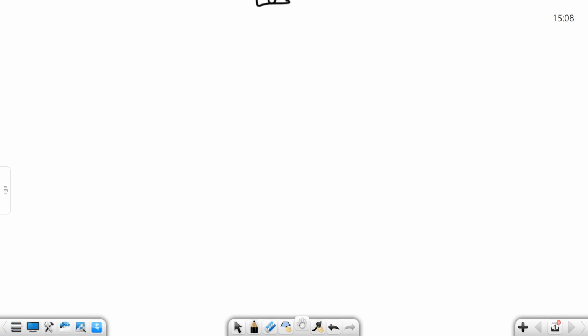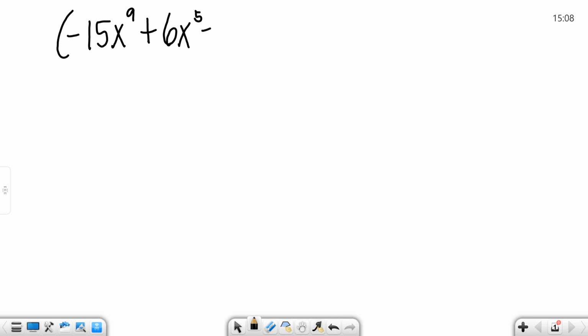All right, our problems are going to get slightly bigger. So let's say we have a polynomial, in this case a trinomial, negative 15 x to the 9th plus 6x to the 5th minus 9x cubed, all divided by 3x squared.